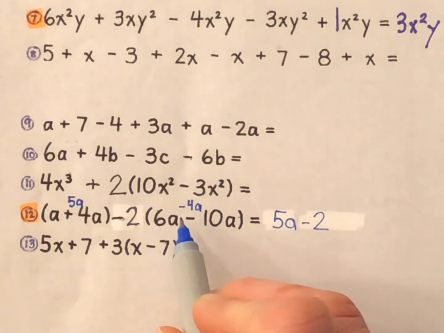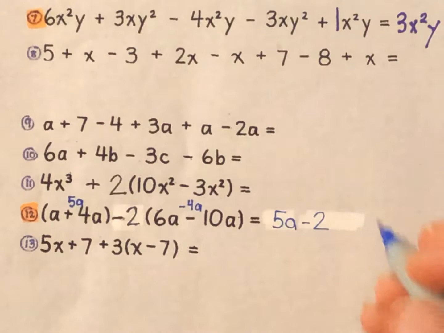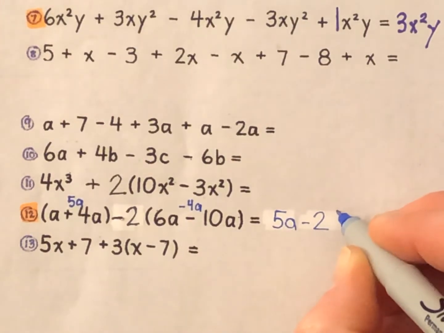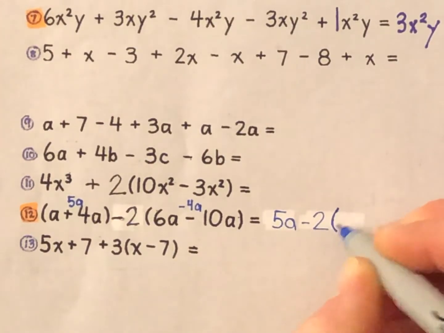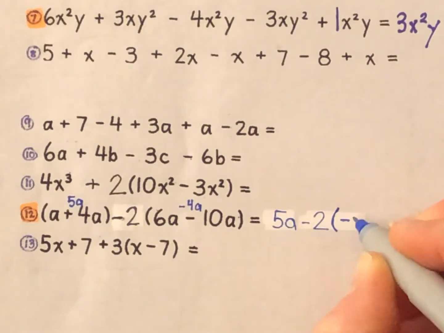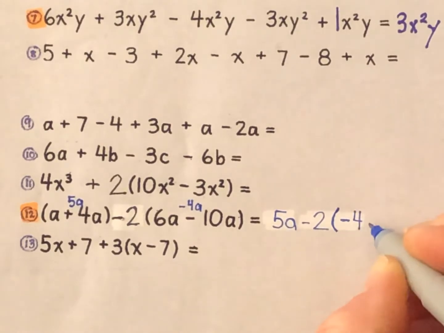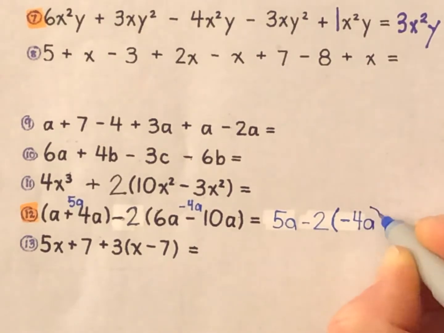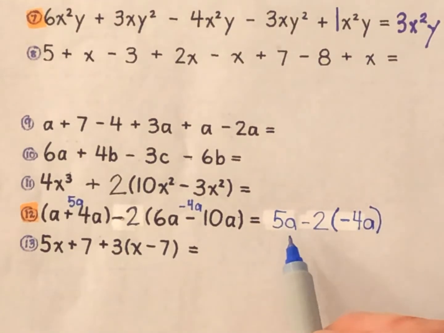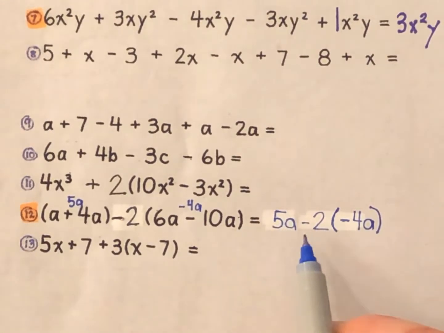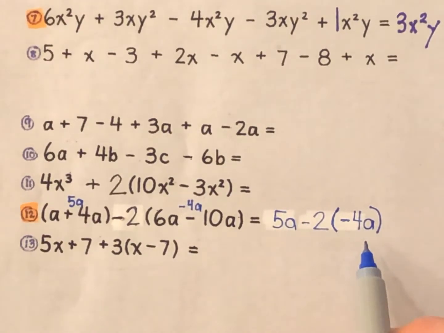And because this is a negative, I'm going to put it in parentheses to show multiplication. I always like to put negatives in parentheses. So I have 5a minus 2 times negative 4a.